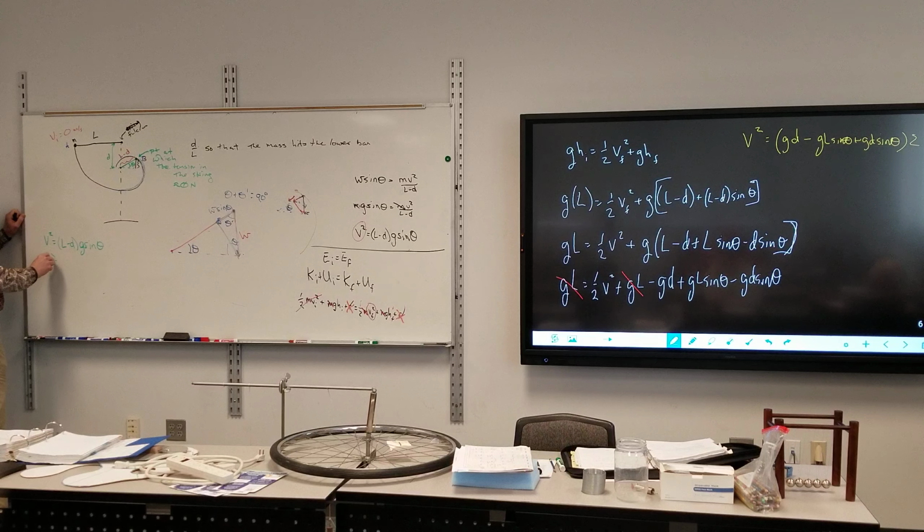And v squared equals g D minus g L sine theta plus g D sine theta, times 2.